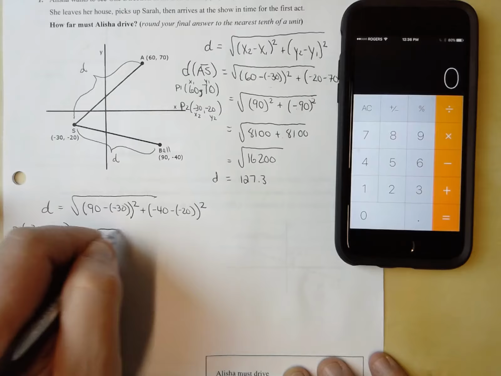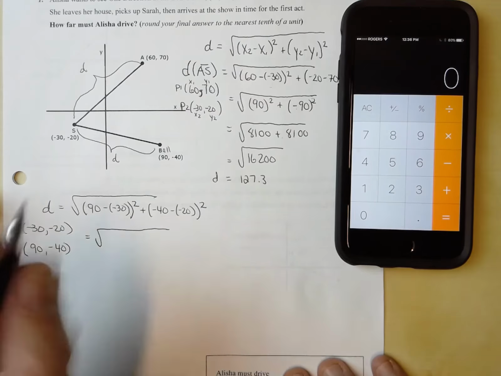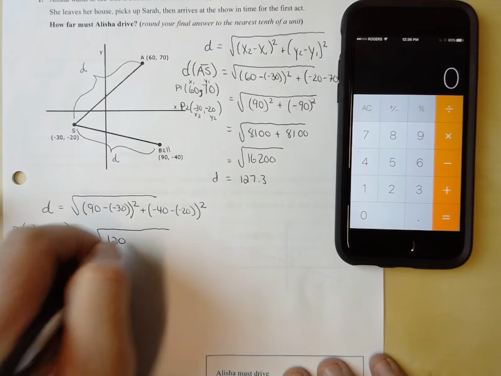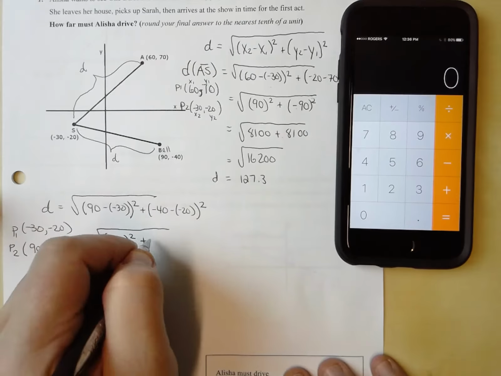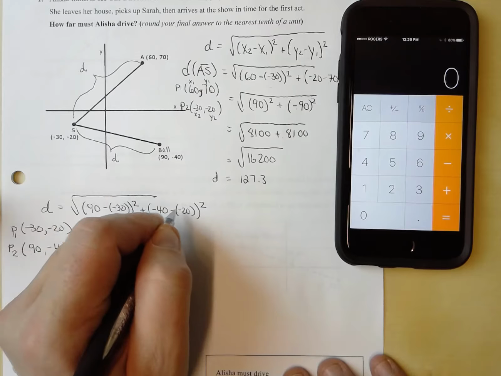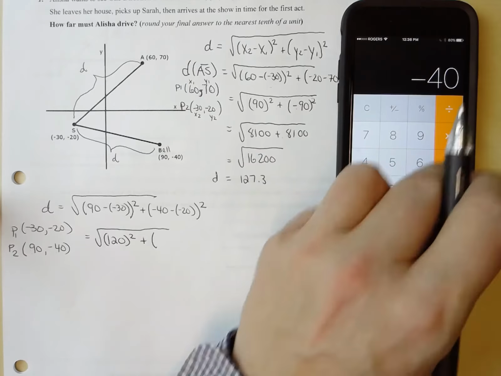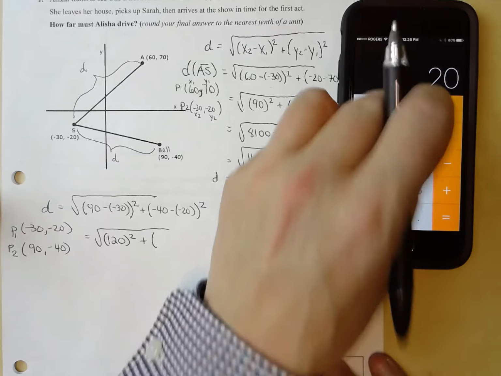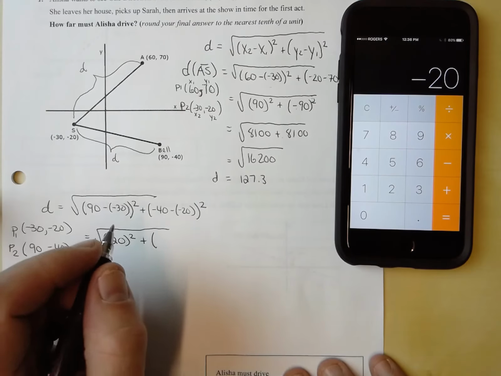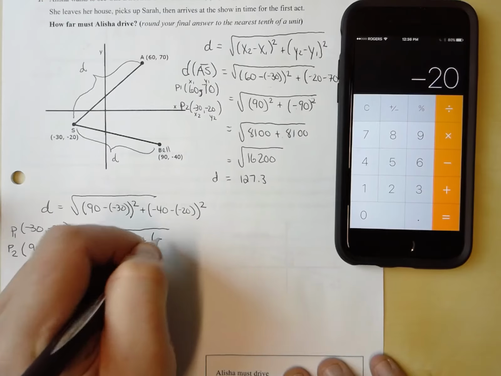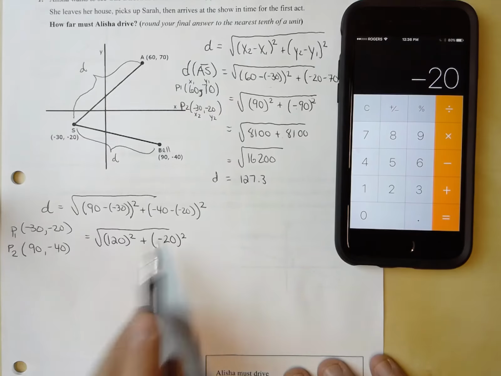And that, when you do it, 90 minus negative 30 on your calculator, you should get 120, positive 120, which will be squared, plus negative 40 minus negative 20, right? Negative 40 minus negative 20 is going to give you negative 20. Squared. We've got to make sure we square that negative.